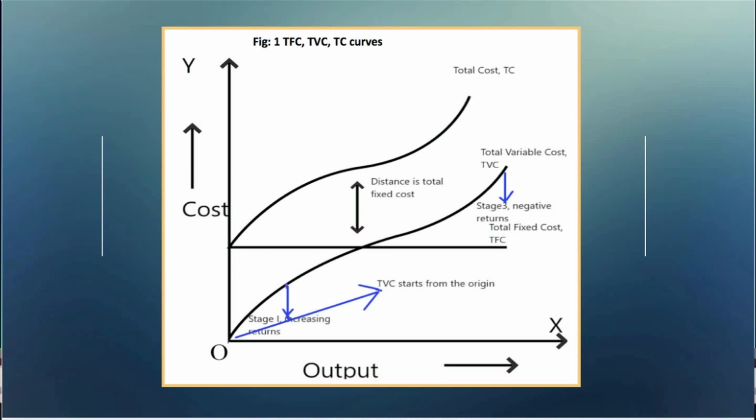Despite increase in output, despite varying amounts of output, the fixed cost does not change. It is a horizontal straight line parallel to the x-axis, implying that the fixed cost remains fixed.